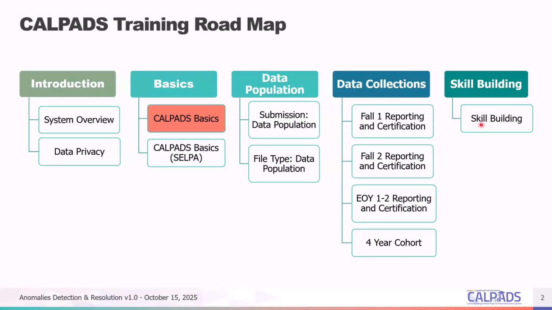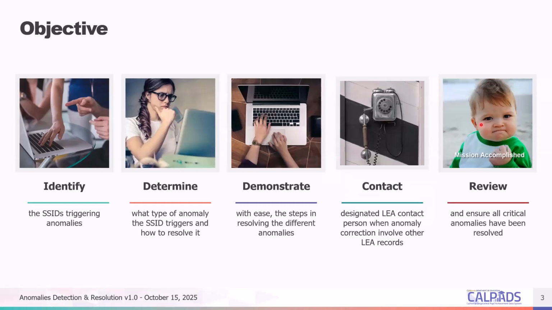We also have some skill building videos that are available at our YouTube channel that you could always take advantage of. All right, at the end of this session, you should be able to identify specific SSIDs that are triggering anomalies. You should understand how and where to locate these issues within your data.